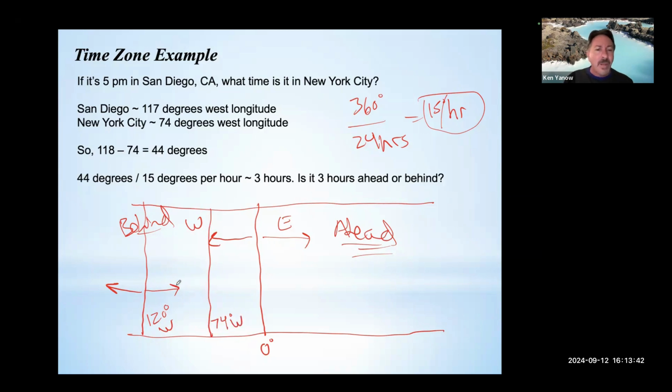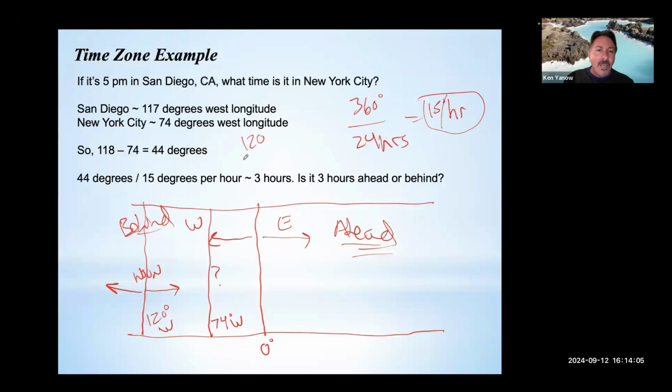We're both in the Western Hemisphere. But we also know that it's noon here in California, and we want to know what time it is in New York. Well, all we have to do is figure out the difference in longitude between Cali and New York, and then divide it by 15. And that'll tell us how many time zones of separation there are.